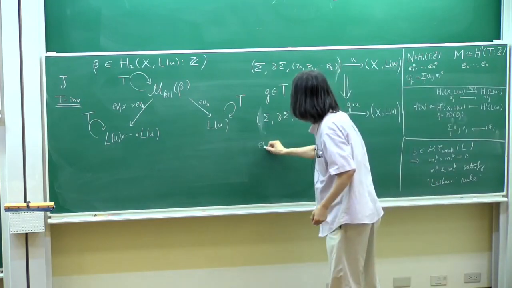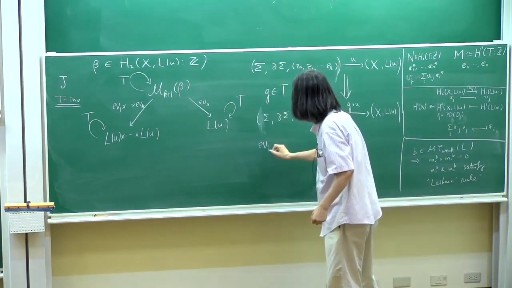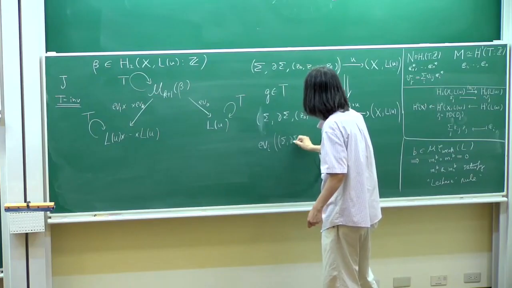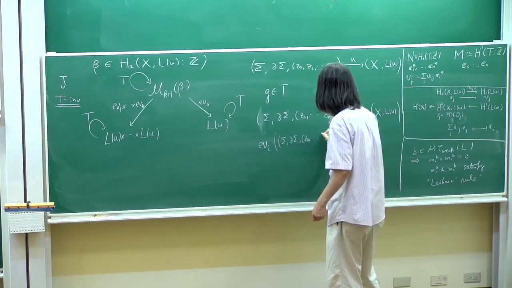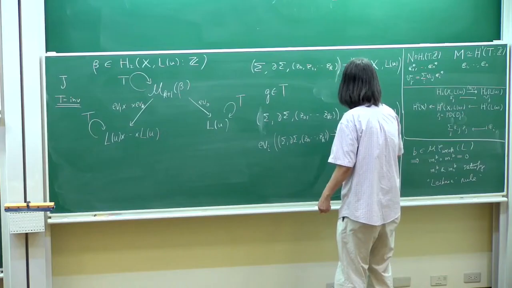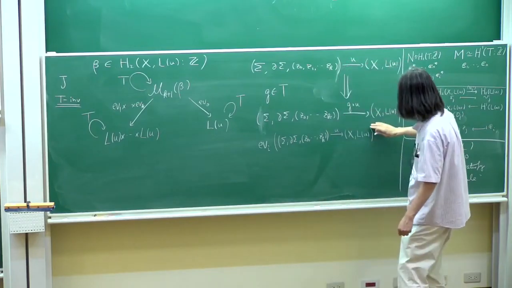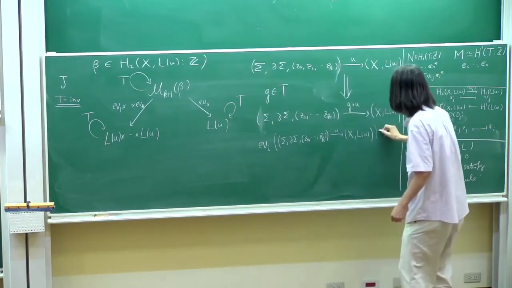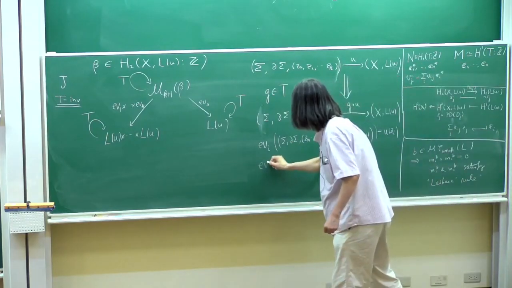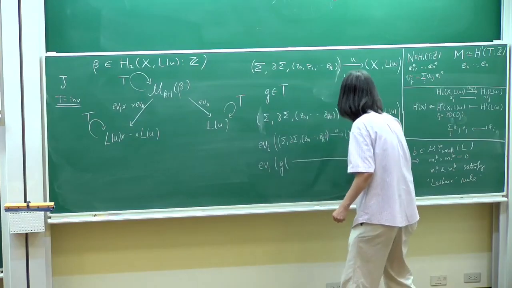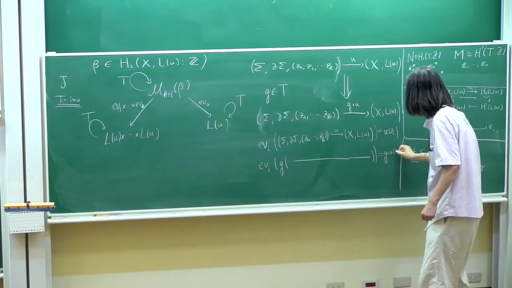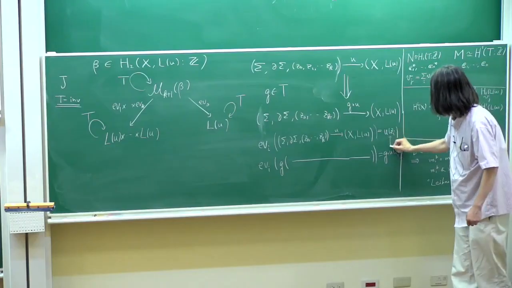Because the evaluation map ev_i of the element (Sigma, d Sigma, z_0, ..., z_k, u) is equal to u(z_i). And if you consider ev_i of g acting on the same thing, because this is g·u, it is g(u(z_i)), and certainly this is mapped by g.